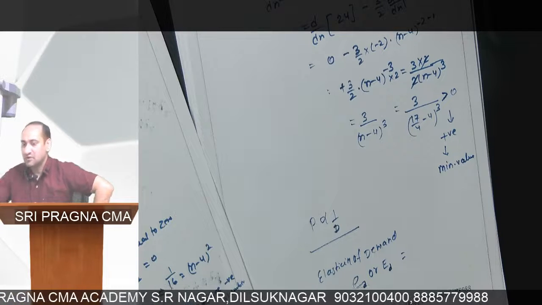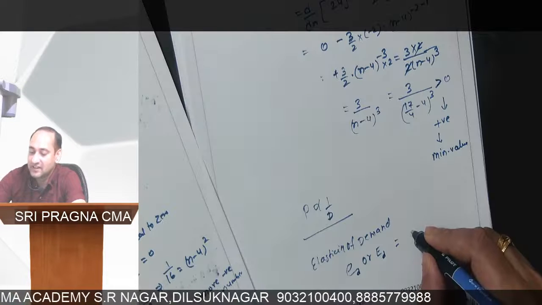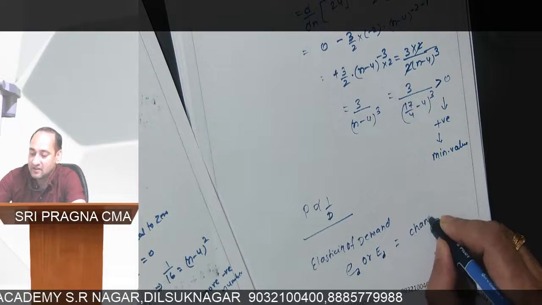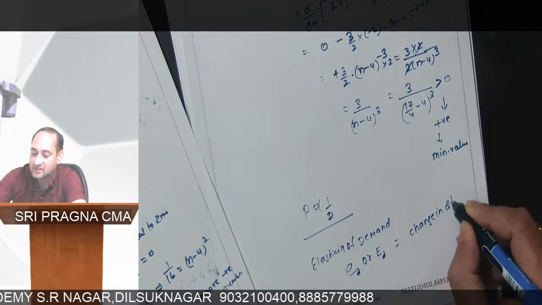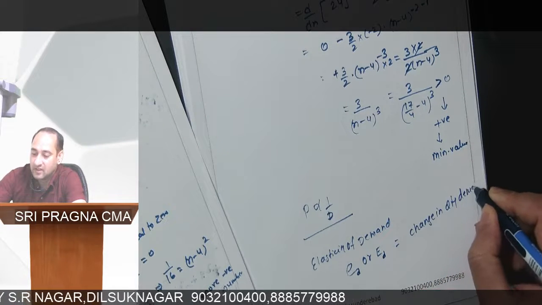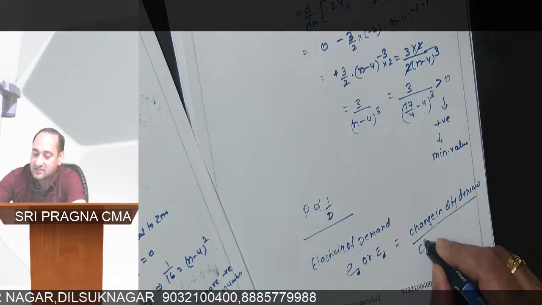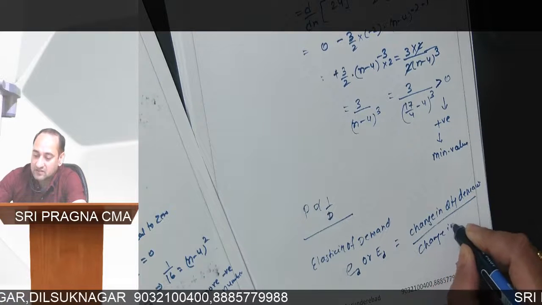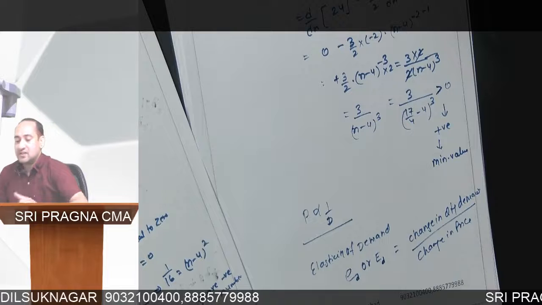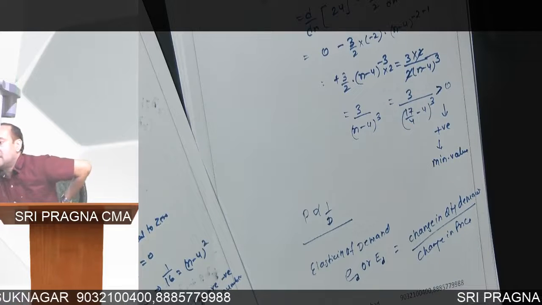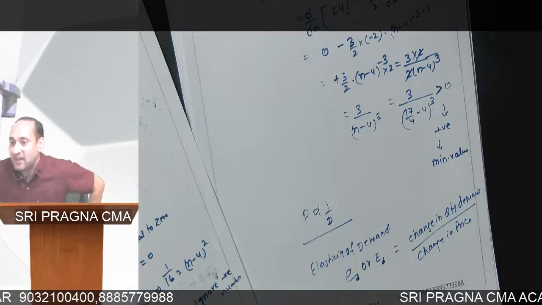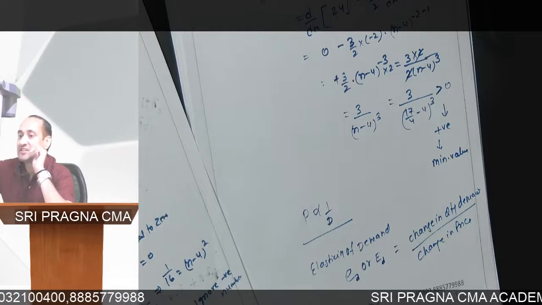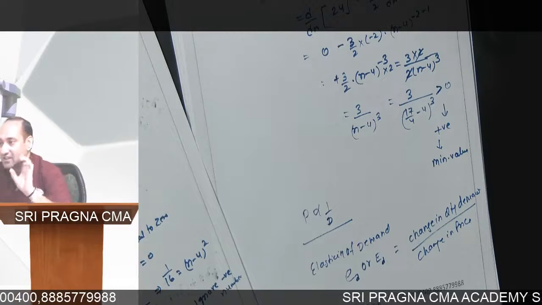So let us move to the mathematics. Change in the quantity demanded divided by the change in the price is called elasticity of demand. This is related with the economics.